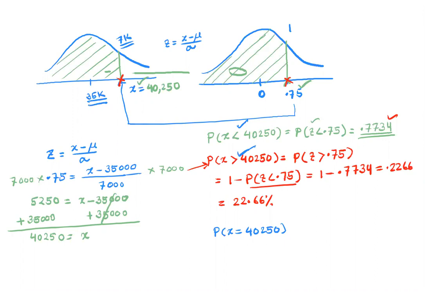What is the probability that a randomly selected person makes exactly 40,250? What do you guys think? Anybody wants to try? Any volunteers? No volunteers?